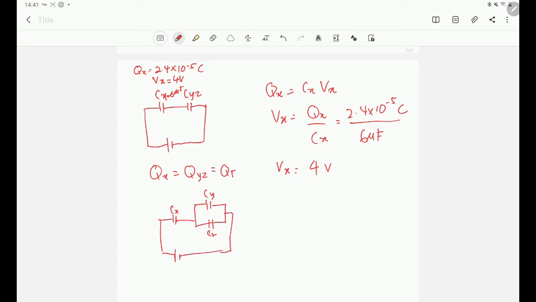Sorry for the bad drawing. Alright, so we need to find the potential for Cy and potential for Cz.